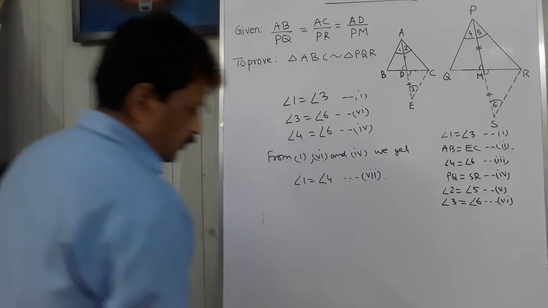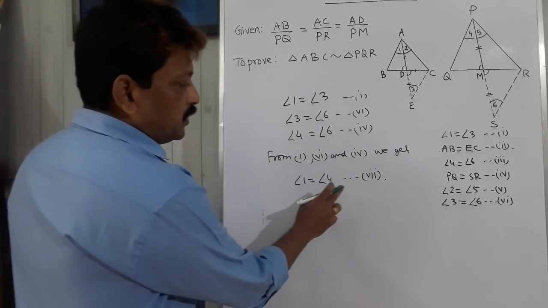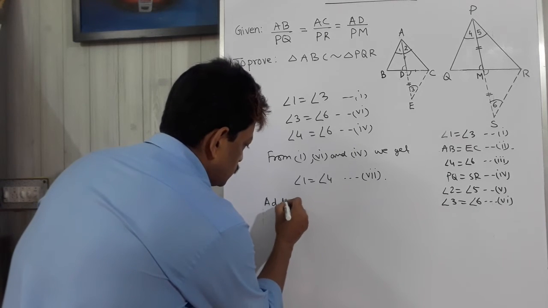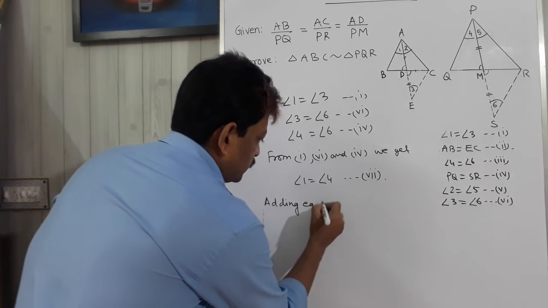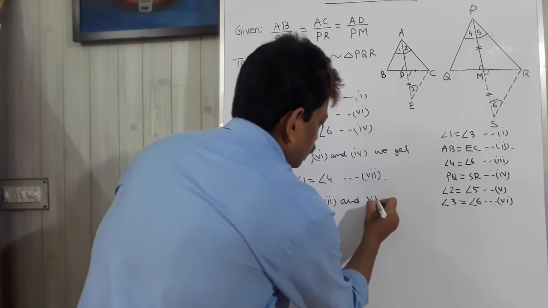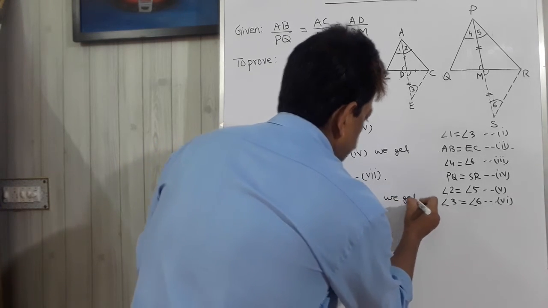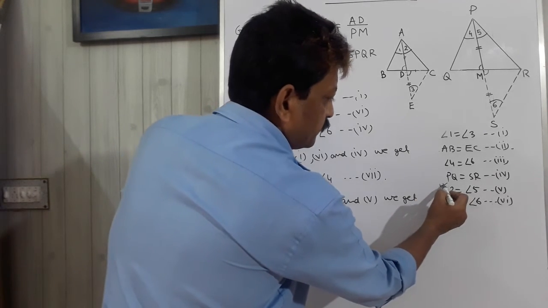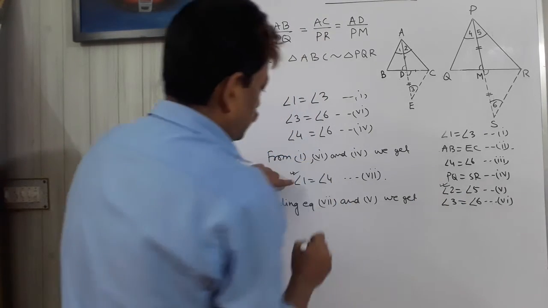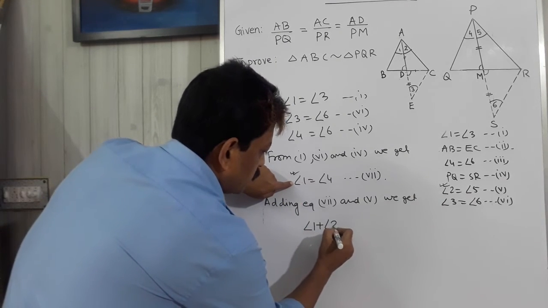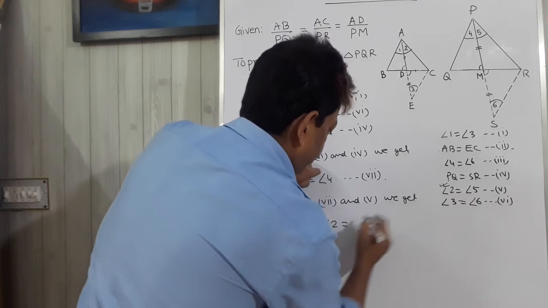Okay. Now let me add equation number 7 and 5. So equation 7 is this one, equation 5 is this one. So angle 1 plus angle 2 equals angle 4 plus angle 5.